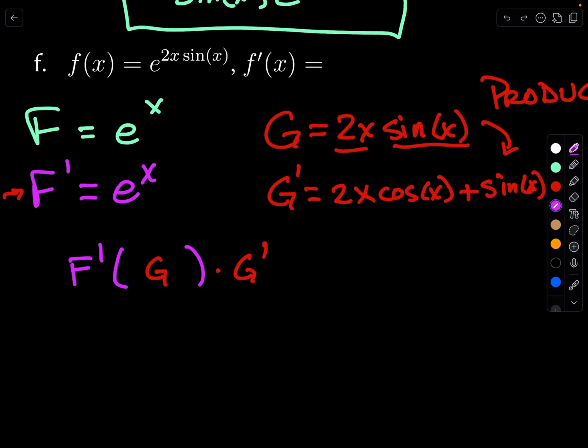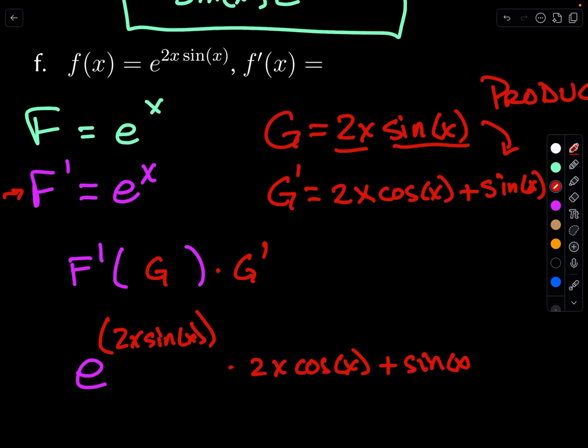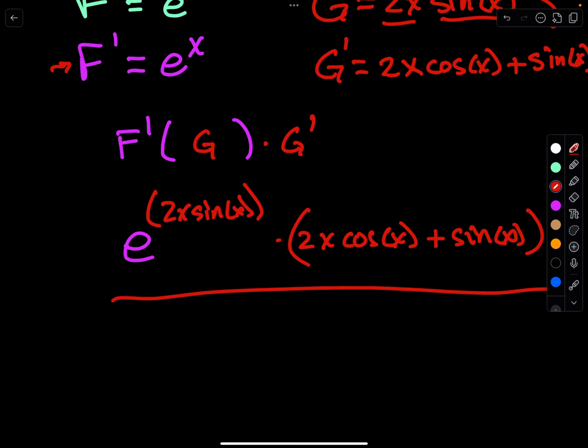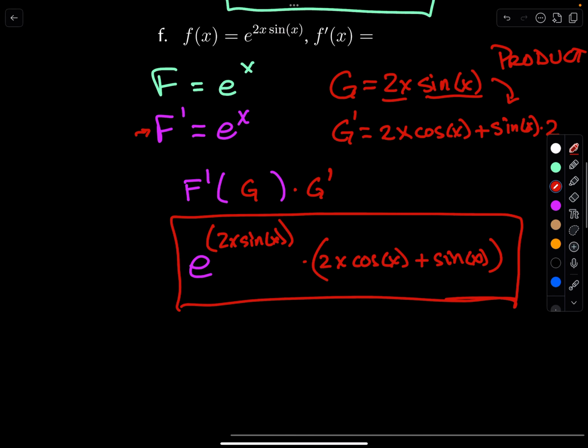So this will be e to the g of x, 2x sine of x, times 2x cosine of x plus sine of x. Put that in parentheses. So you could clean that up if you wanted to. I'm not going to, because I'm just happy with the way it looks like that.